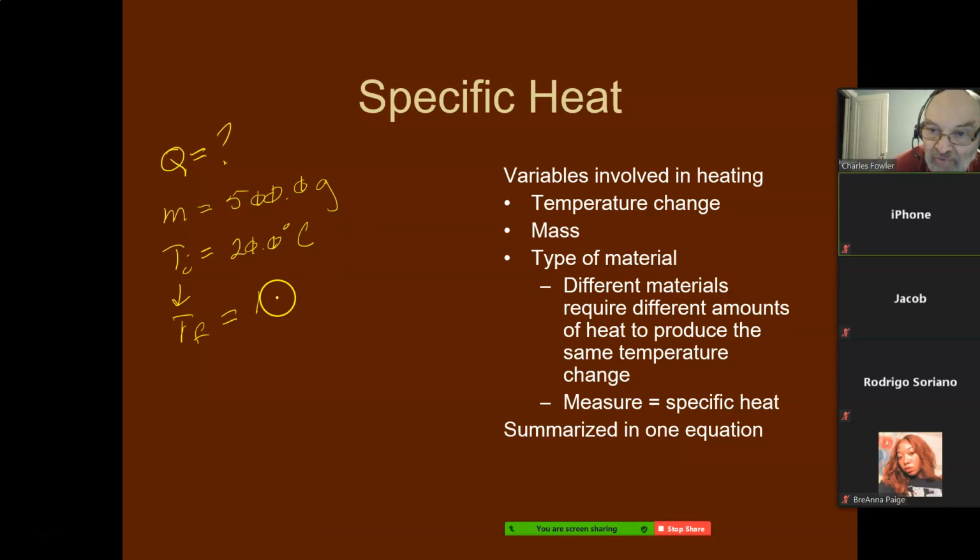In other words, you're going to boil water in that pan. That's the boiling point of water.